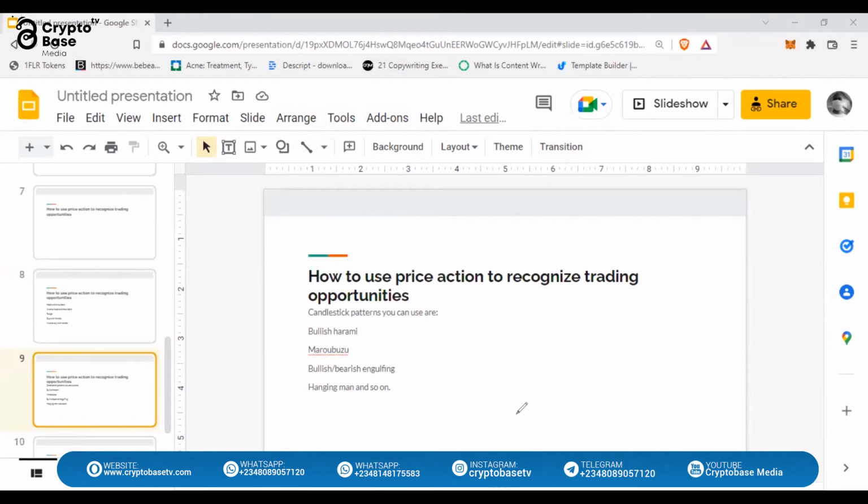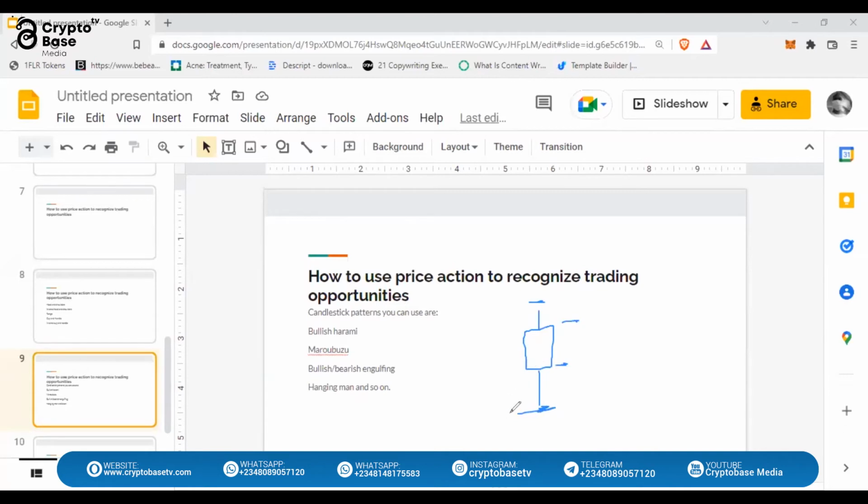When you have a candlestick, something like this, I just hope everyone is seeing what I'm drawing on my screen. Here you have the lower wick, here you have the upper wick, here you have the open, and here you have the close. So that is how the price moves.